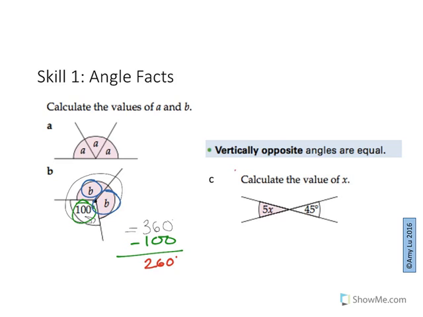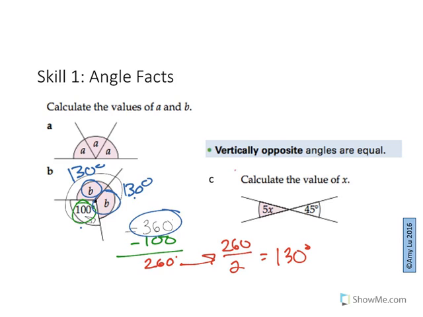There's two of them, so we need to take what's left over, 260 degrees divided by 2, and that will leave you with 130 degrees each. So therefore B is 130 degrees. And if you double check, 130 plus 130 plus 100 will add up to 360.